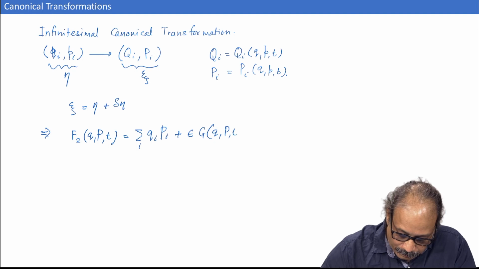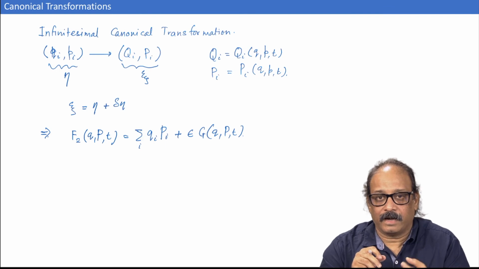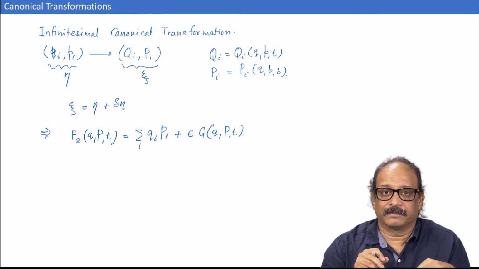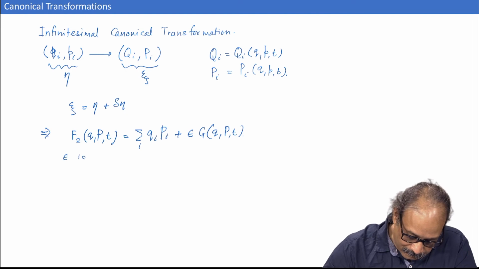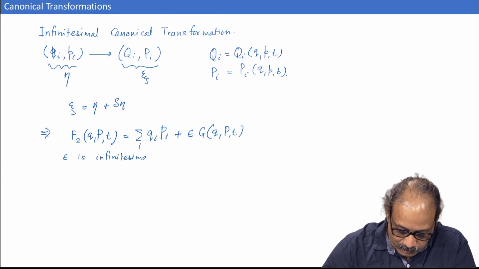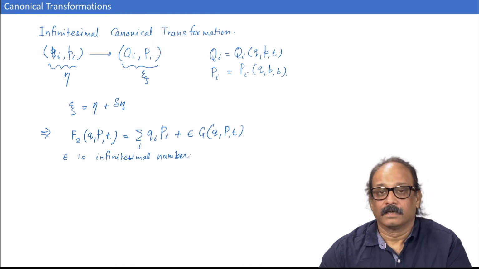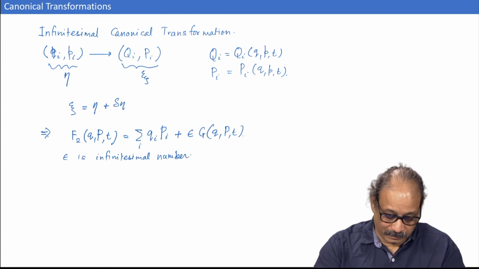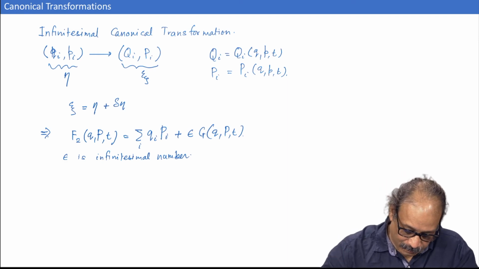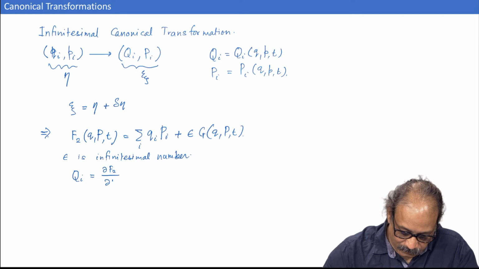but what we want is a function of q, p and t. So, I am going to add another function g and multiply it by an infinitesimal epsilon. Okay. So, epsilon is an infinitesimal number, so that the change is minimal. And what kind of transformation would it generate? So, if I for example, look at capital Q i, this will be equal to the partial derivative of f2 with respect to P i, okay.